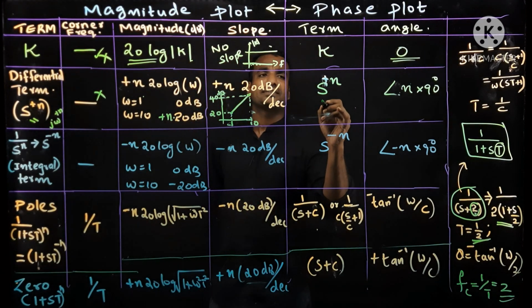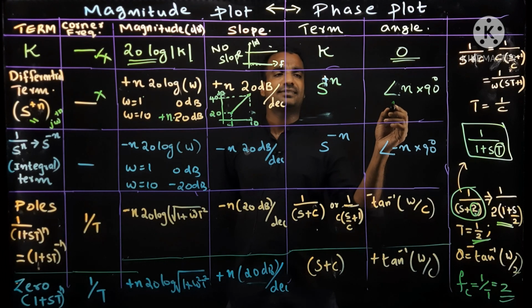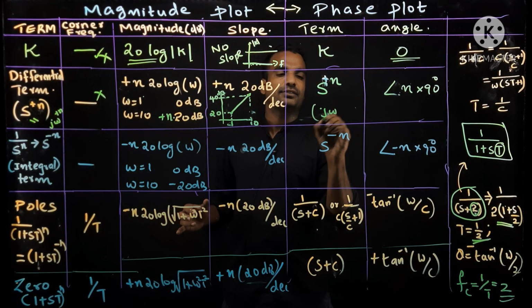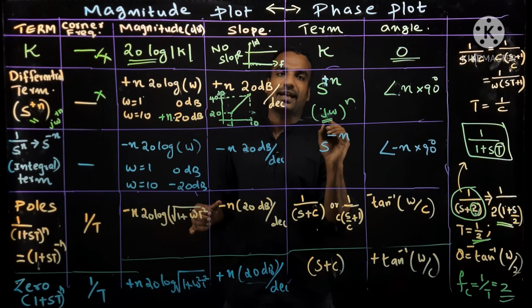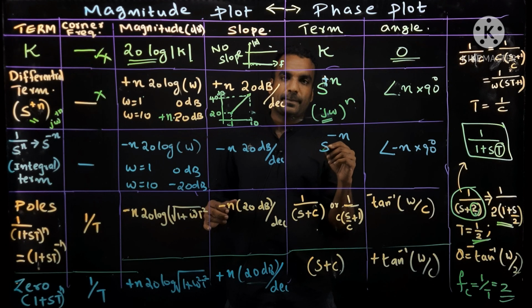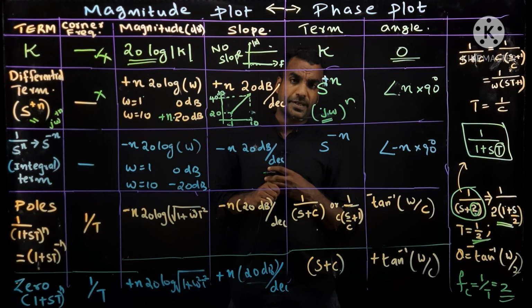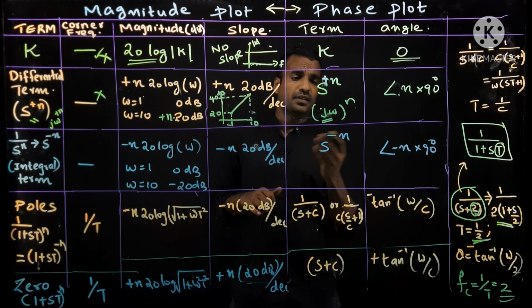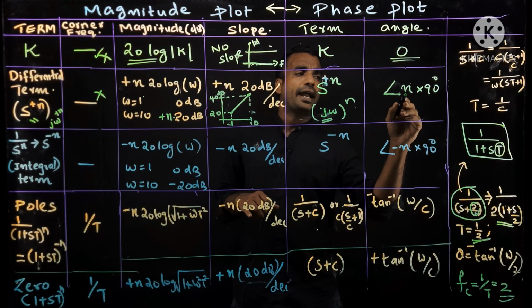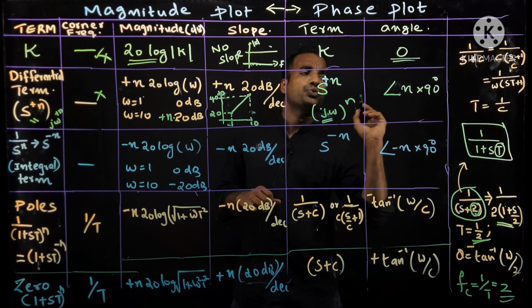Now for this term s raised to plus n, its angle is: s is nothing but j omega raised to n. j term means 90 degree, minus j means minus 90 degree, or 1 by j means minus 90 degree, plus j means plus 90 degree. So it will give angle n into 90 degree.